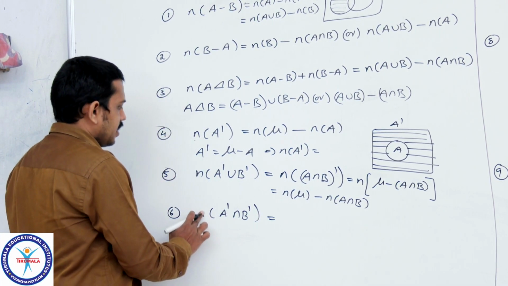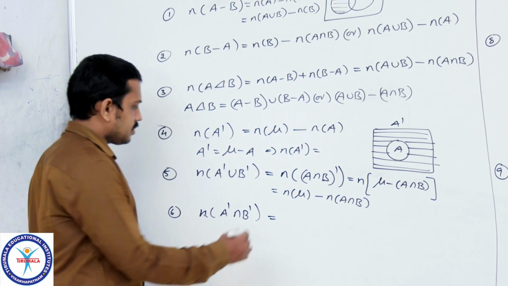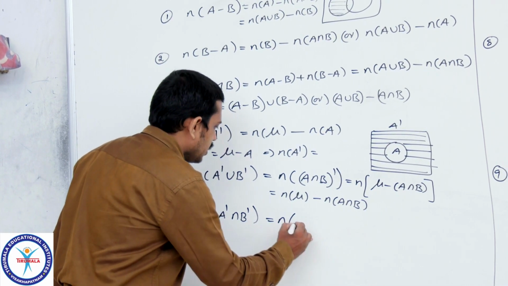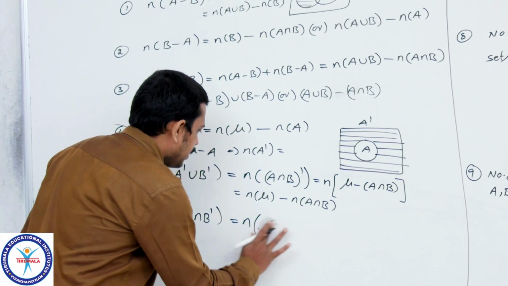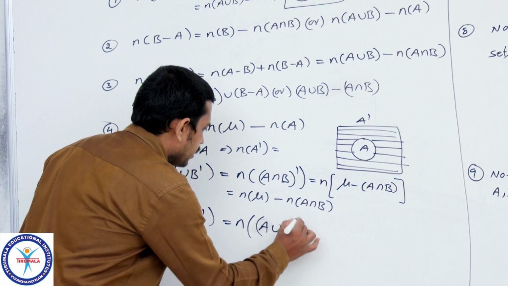Similarly, the number of elements in A complement intersection B complement. This is nothing but A union B whole complement.